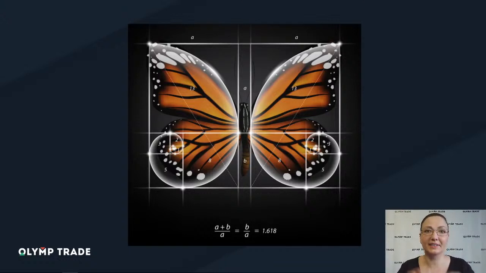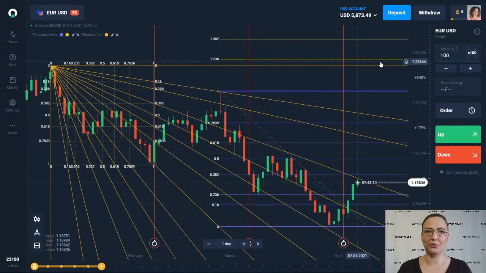Even the seeds inside a sunflower work in a manner that combines with the golden ratio and Fibonacci. It's just a very amazing thing to know. Let me go ahead and switch to our platform.